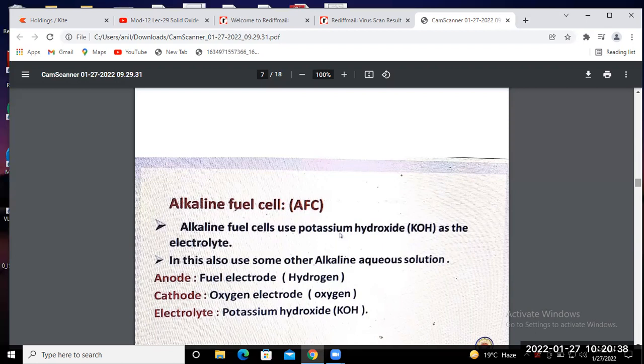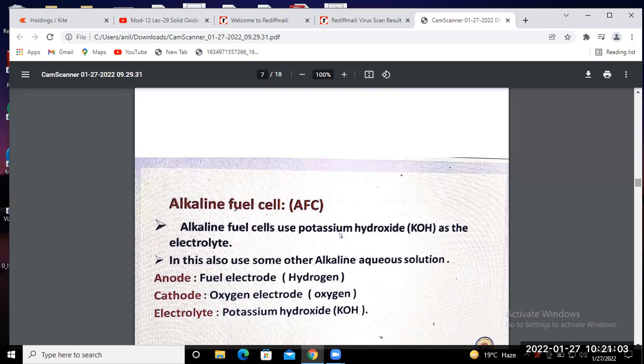So these are the three: cathode, anode, and electrolyte. For the cathode we use oxygen, and for the anode we use hydrogen. The cathode and anode of the fuel cell are separated by the electrolyte.